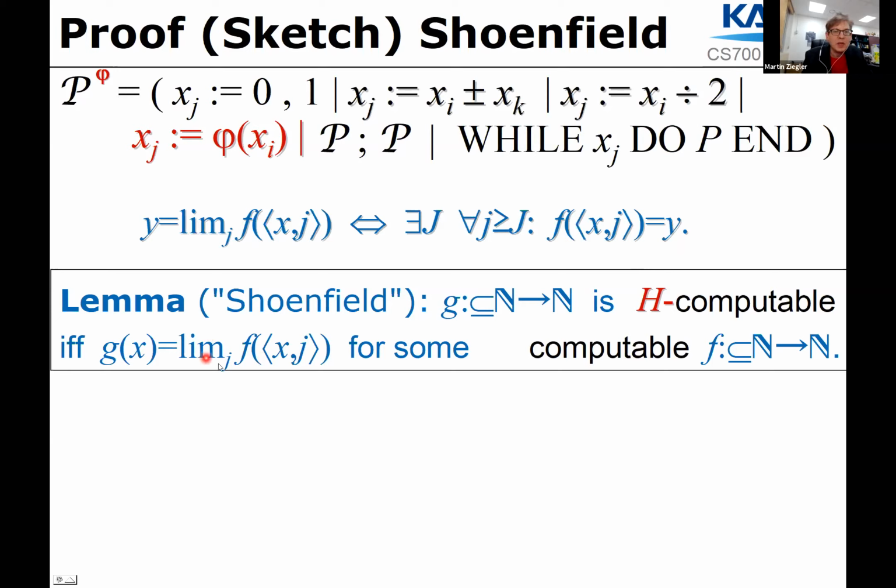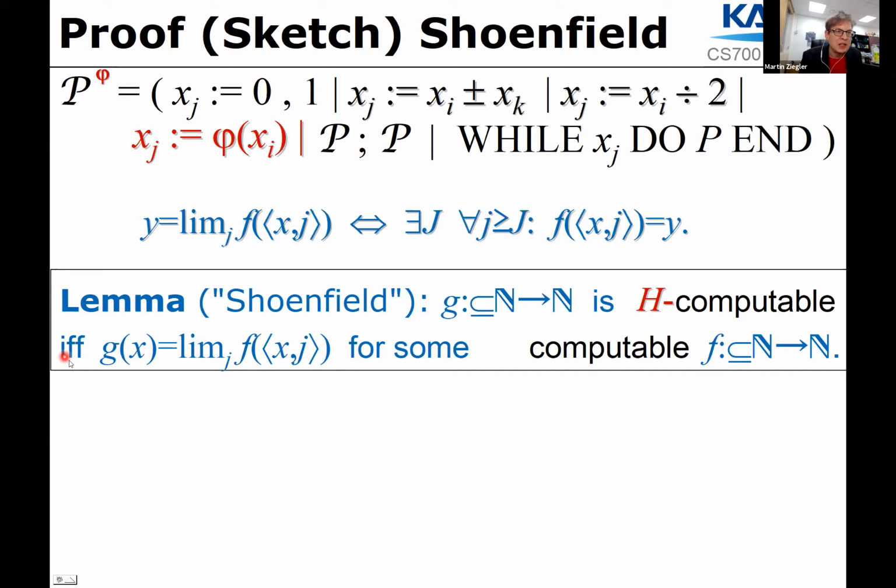Well, for some arguments x, the limit may not even exist. It may never stagnate. For others, it may exist and produce some value. And using this argument, we can convert that program with limits into another while program without limits, but in turn given oracle access to the halting problem. And thus that proves one direction of the Schoenfeld limit lemma.